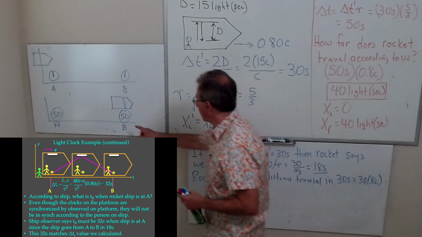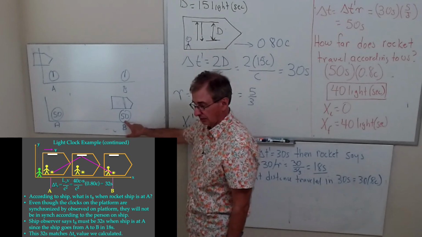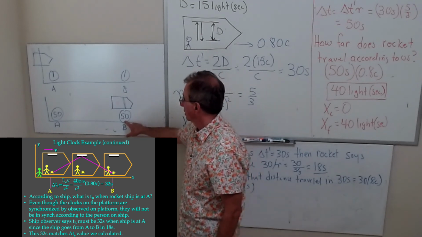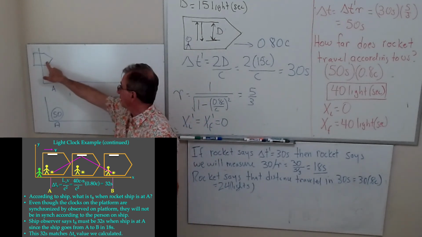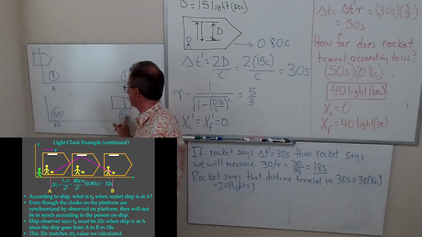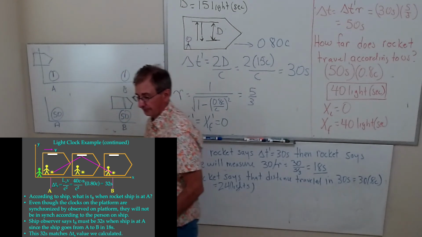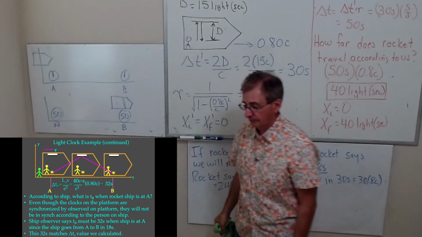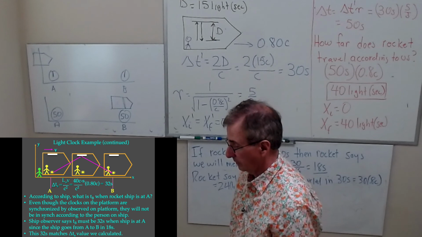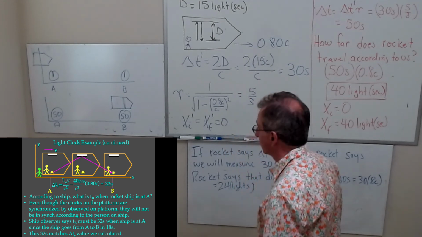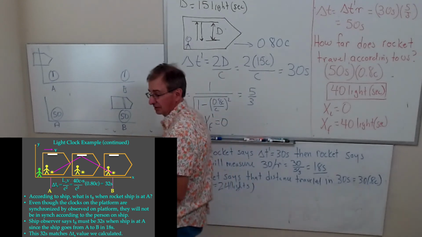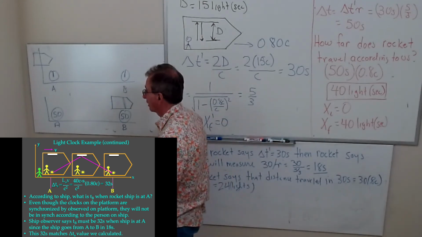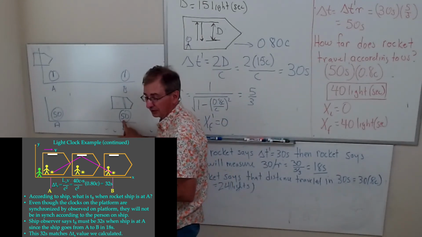But what does this clock read when the rocket's over here? The person on the rocket wants to know what this reads when he's over here. Isn't it going to be a little slower? Well, it's going to be less than 50, right?